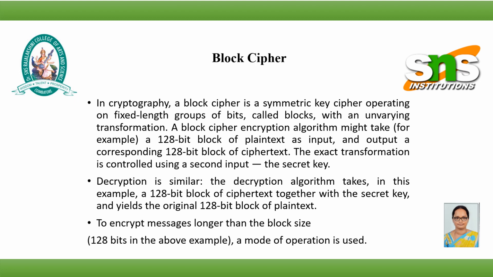The exact transformation is controlled using a second input, the secret key. Decryption is similar. The decryption algorithm takes, in this example, a 128-bit block of ciphertext together with the secret key and yields the original 128-bit block of plain text. To encrypt messages longer than the block size, a mode of operation is used.